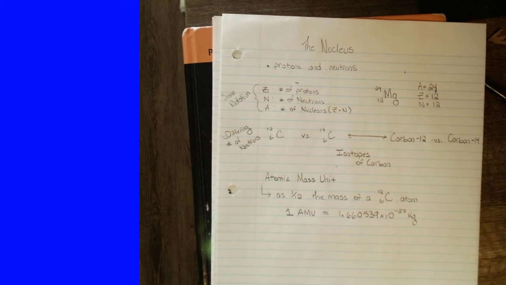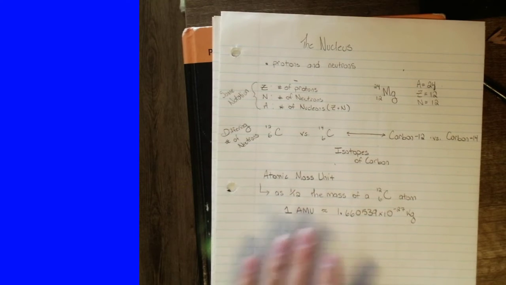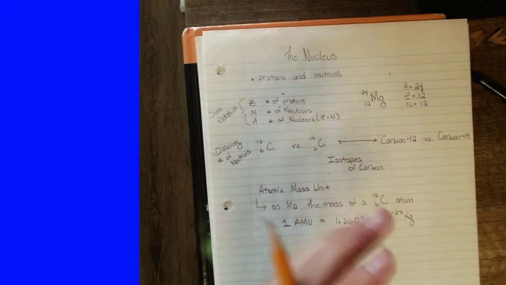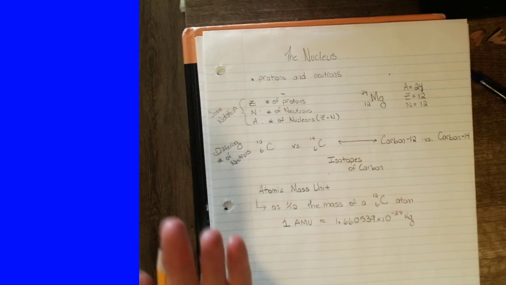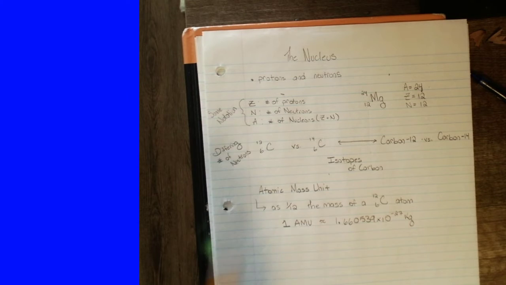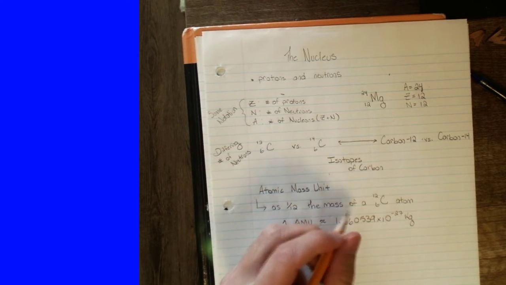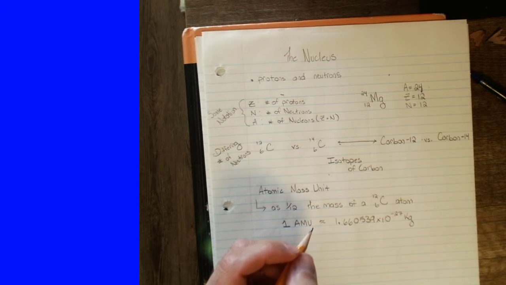I don't normally enjoy or even encourage writing numbers to this many decimal places, but when we are dealing with the nucleus, it's probably one place where we kind of have to. We have to be this precise in writing our numbers when doing our math.